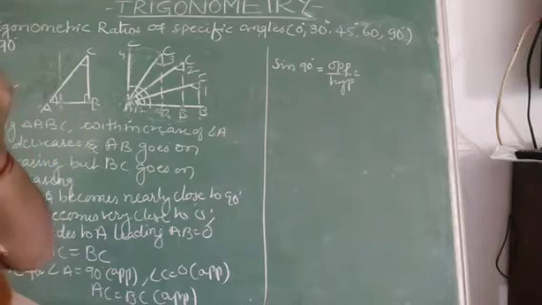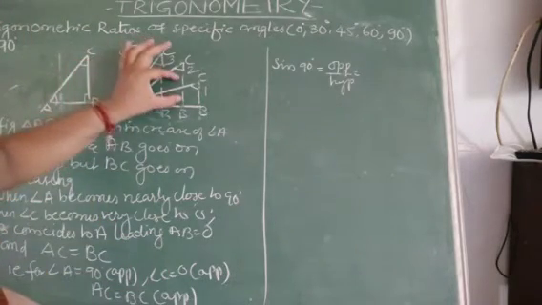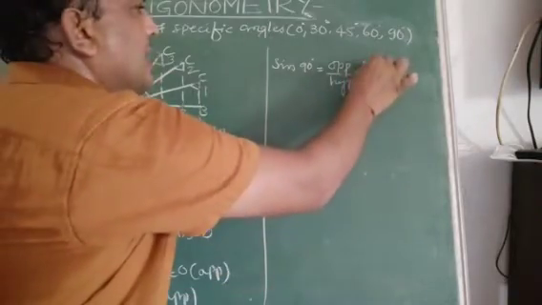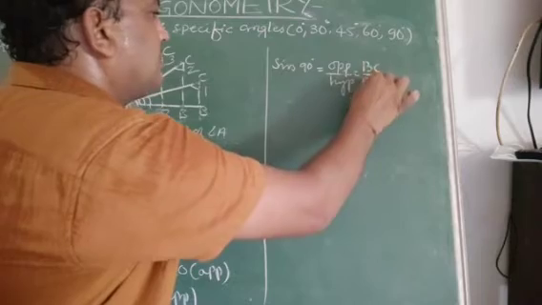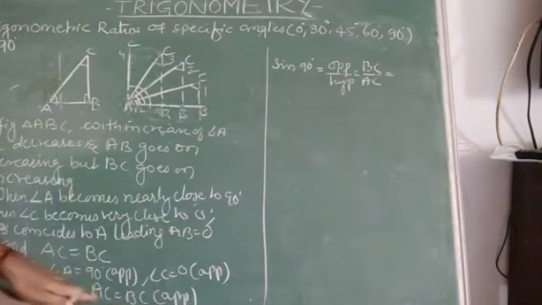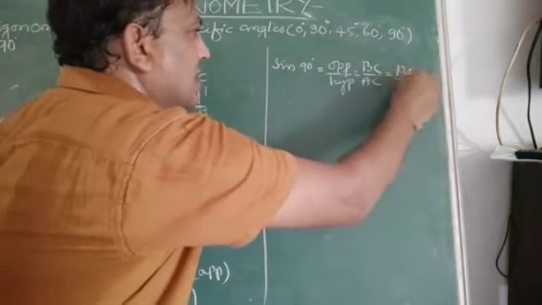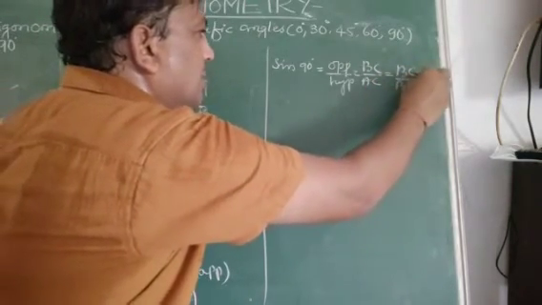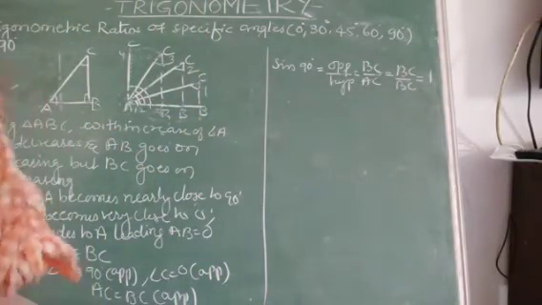In this figure, the opposite side is BC. The hypotenuse side is AC. And just now we studied that BC and AC are same. So in place of AC, I am writing BC only. BC by BC, same length. So sine 90 is equal to 1, children.